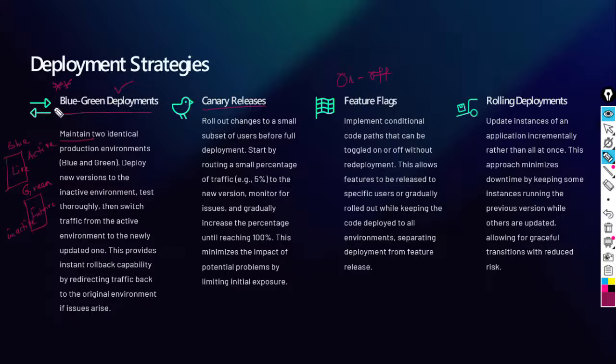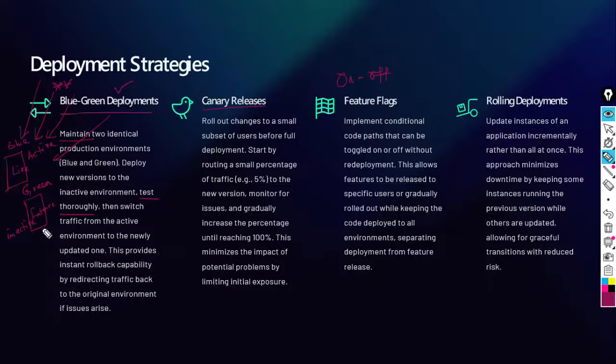All the traffic is diverted to this box because it is live and active. No traffic is diverted to this because it is inactive. This is made ready for any future version upgrade. Deploy the new version to the inactive environment, test it thoroughly, then switch traffic from the active one.